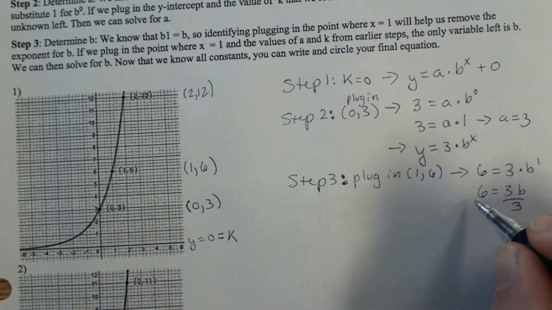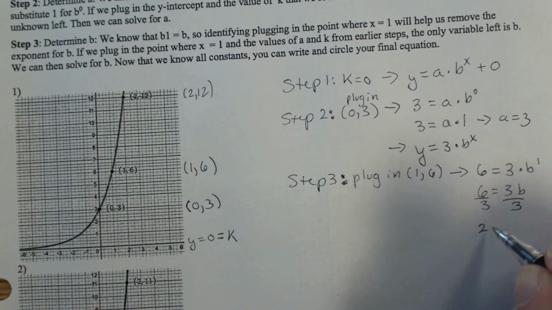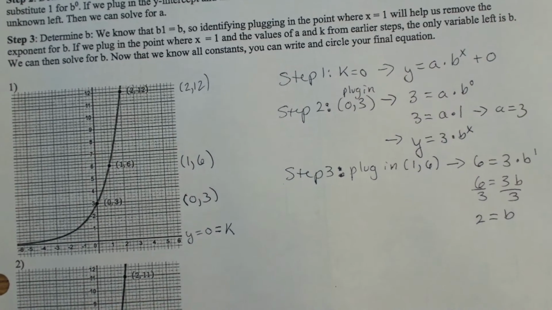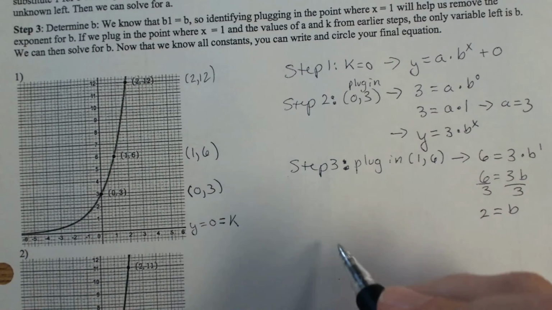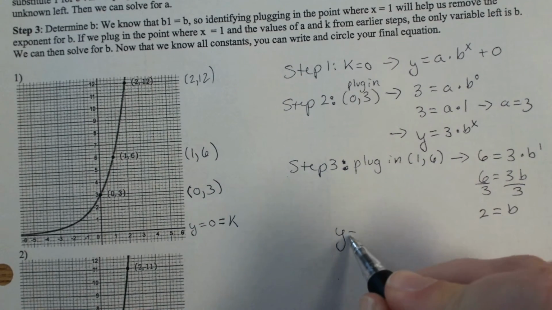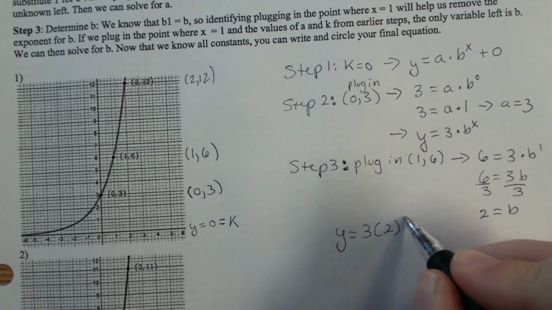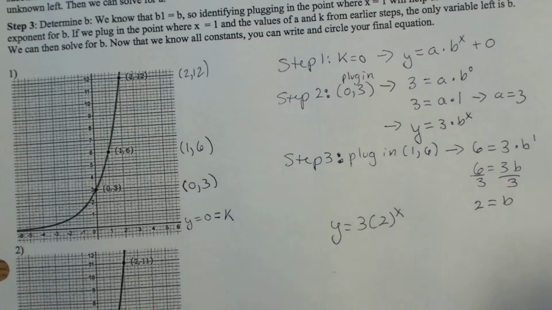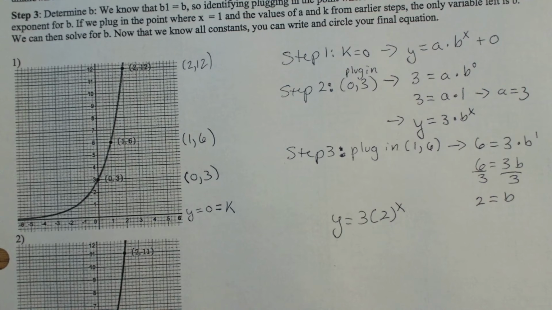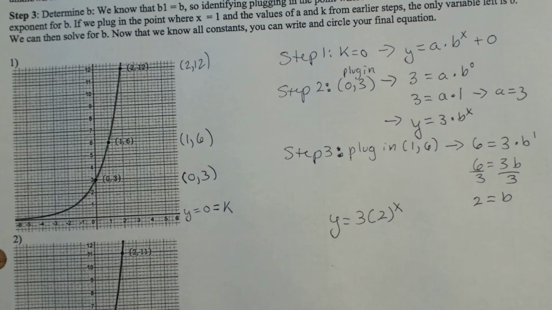Divide both sides by 3, and we get b is equal to 2. So our final equation here for this first one would be y is equal to 3 times 2 to the x. Again, it's plus 0 technically, but we don't have to write plus 0 or times 1 in any of our final answers.